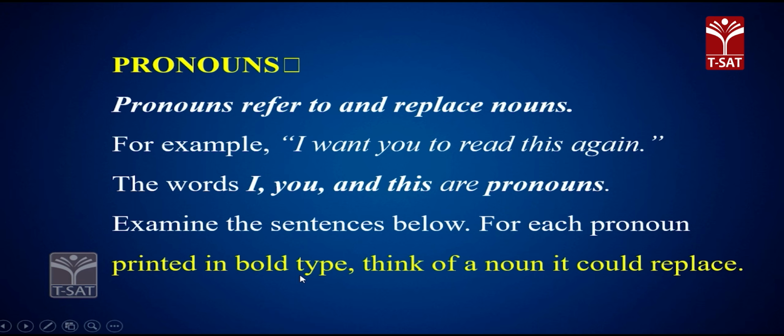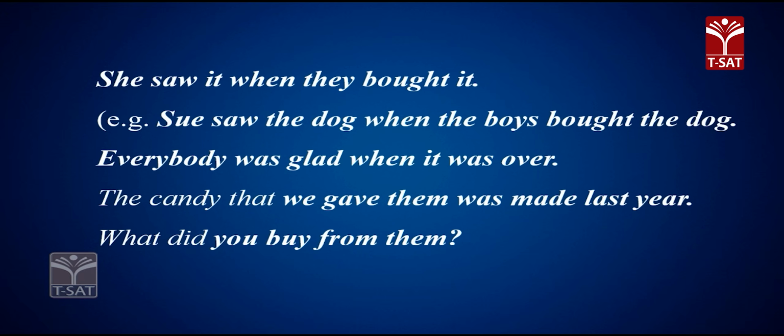Now you see in the example sentences here, each of these pronouns is printed in bold type, right? See, she saw it when they bought it. The sentence is Sue saw the dog when the boys bought the dog.